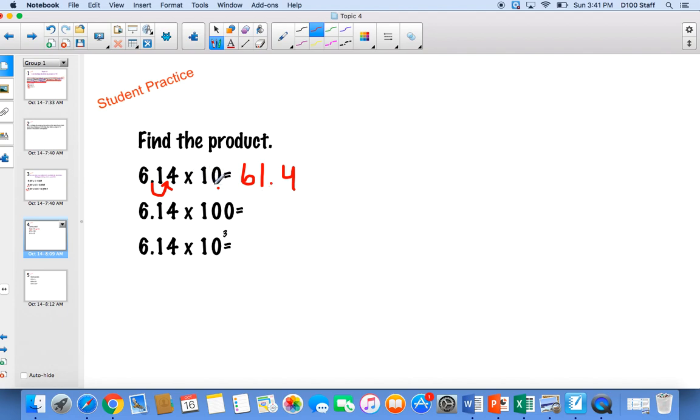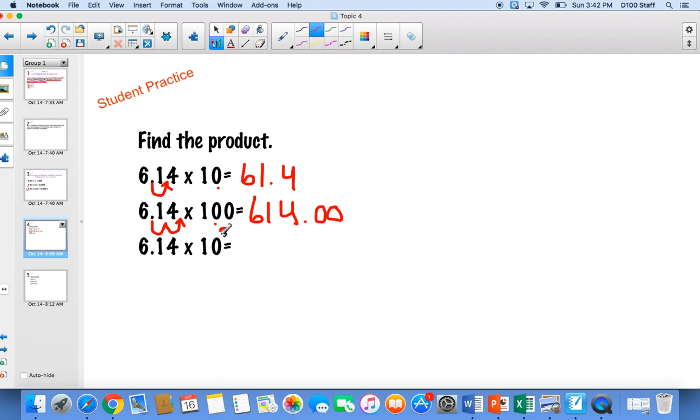Because I multiplied by 10. All right, next I have multiplying by 100, so I need to move my decimal 1, 2 places. My decimal now is after the 4, so my new number is 614. Again, if you put the decimal here and added zeros, that's fine. That's the same number. Or you can do it without that and just leave it as 614.